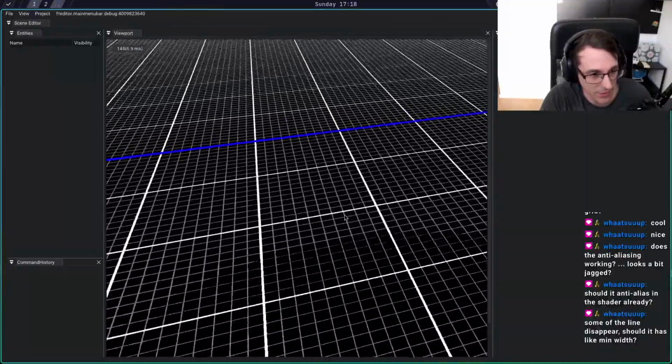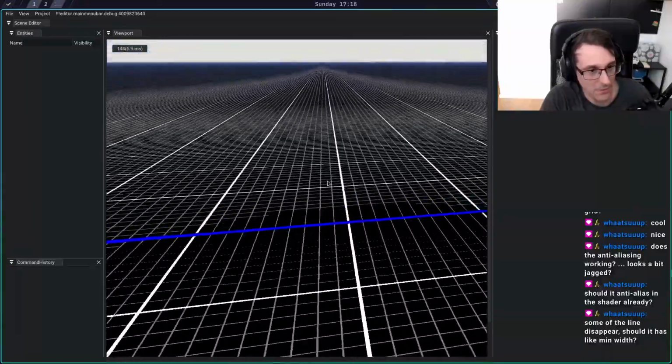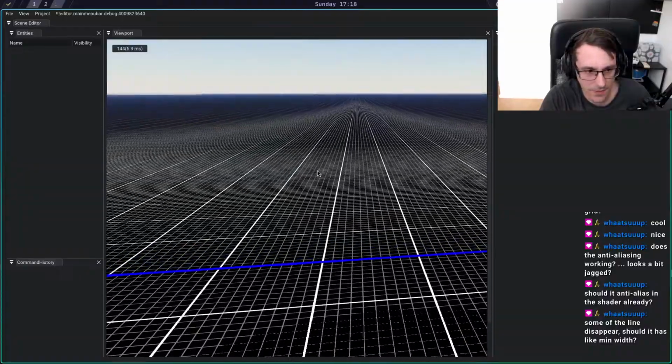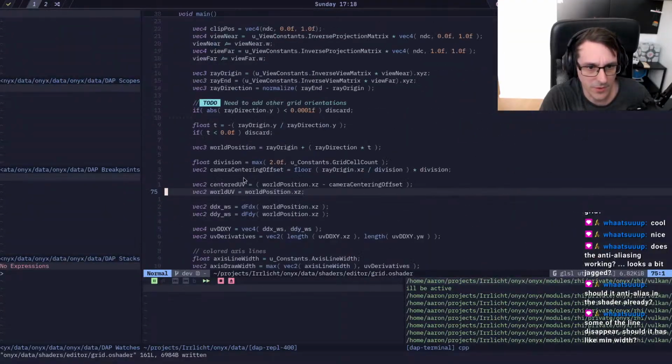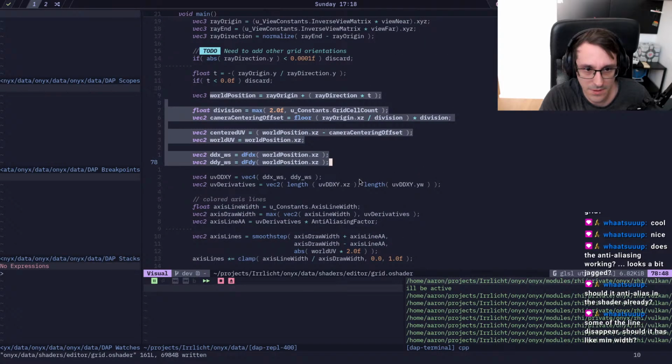So it's something with the camera. There's probably something with this center ring here that's off, I'd assume. But not sure.